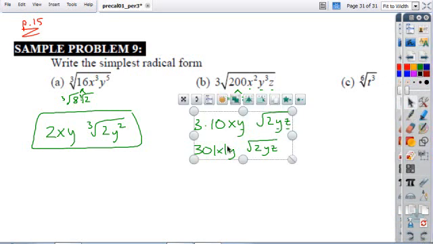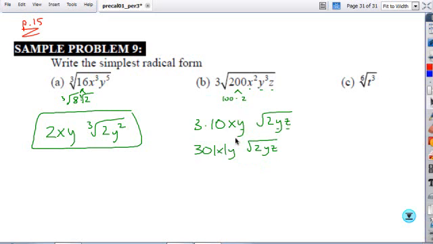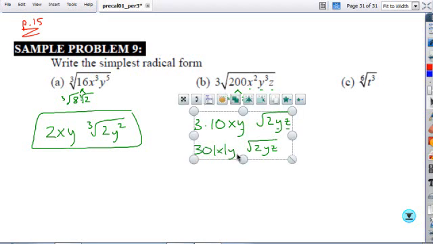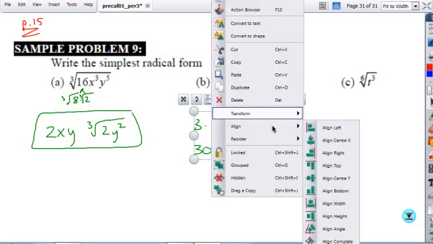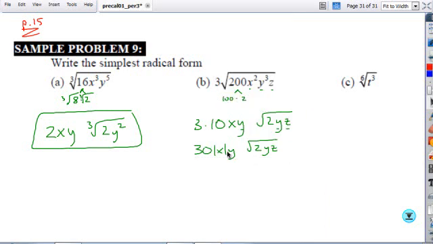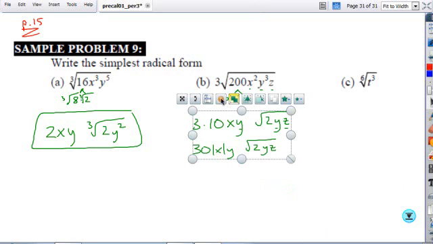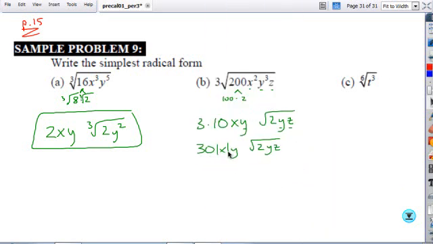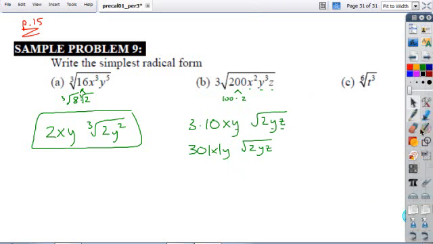So I'm just going to let me ungroup this real quick. Oh, I'll have to erase it.